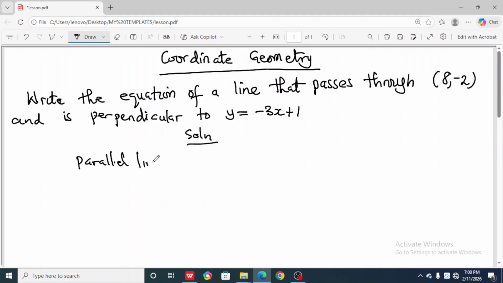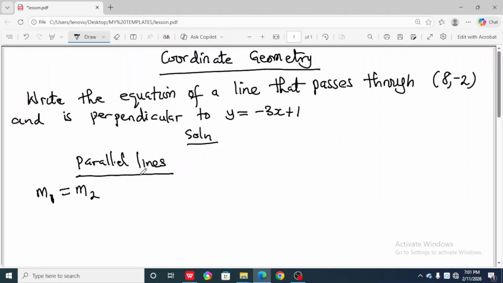For parallel lines, if M1 is the gradient of the first line and M2 is the gradient of the second line, if they are parallel, the gradient of the first line M1 must be equal to the gradient of the second line.